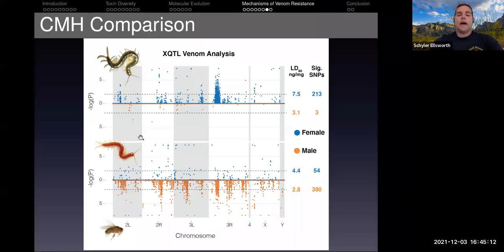When we look at the difference between the males and the females, where we identified fewer significant genetic loci up here for the males, and then more for the males in this other venom type, that still leaves us a little puzzled, and we're still trying to work through that.